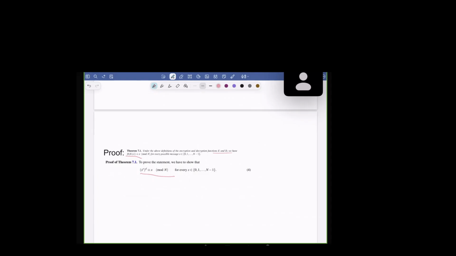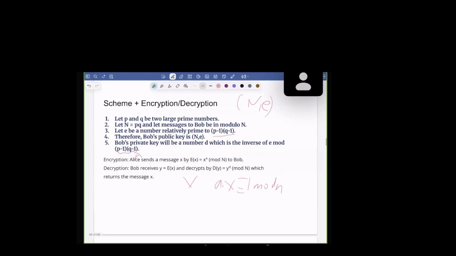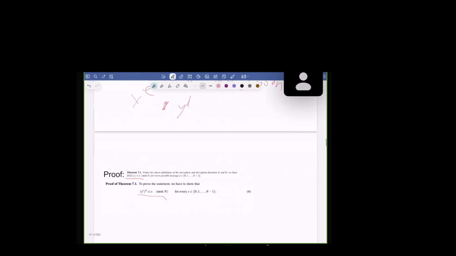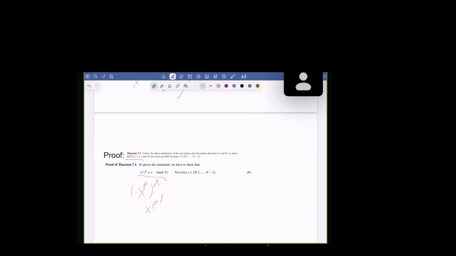So what you want to do is prove this statement, which is equivalent to the one above, because as we defined before, E of X is equal to X to the power of E, and D of Y is equal to Y to the power of D. Since we're plugging X^E into D, we're getting the same result as above. That makes sense.